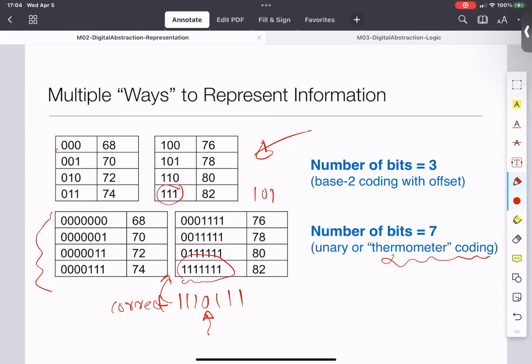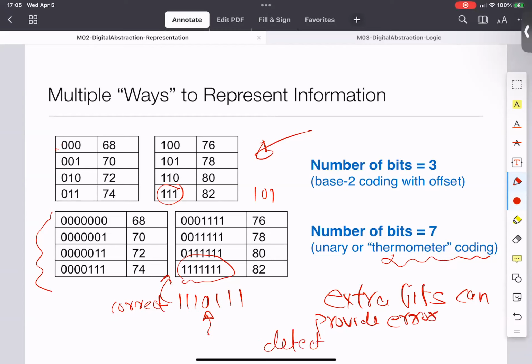So, besides making some operations easier, extra bits can also give you robustness, because they give me an ability to detect and correct errors. So extra bits can provide error detection and correction.